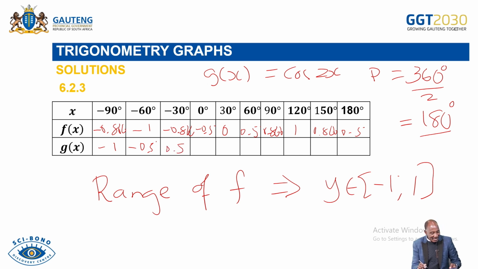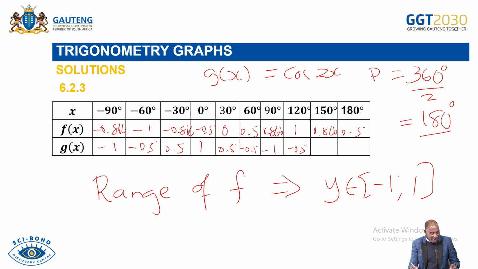Then at 0 degrees, we have a 1. Then you proceed at 30, you have a 0.5. Then at 60, you have a -0.5. Then at 90 degrees, you have -1. And then at 120 degrees, you have -0.5. These are your corresponding y values.